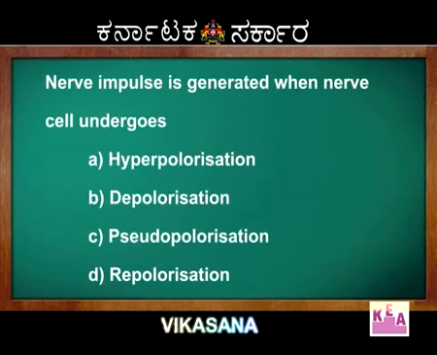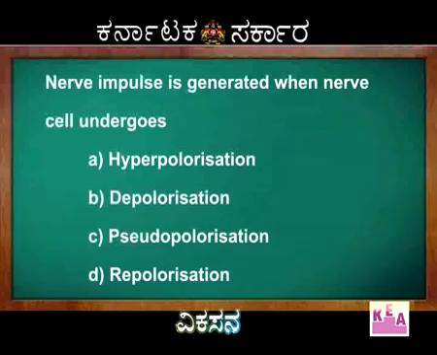Nerve impulse is generated when a nerve cell undergoes, options are A, hyperpolarization, option B, depolarization, option C, pseudopolarization, and option D, repolarization.